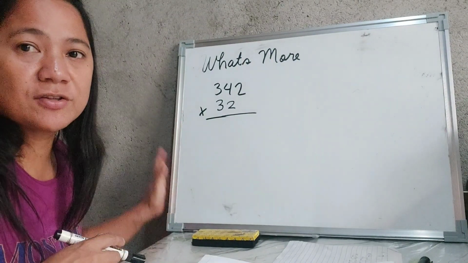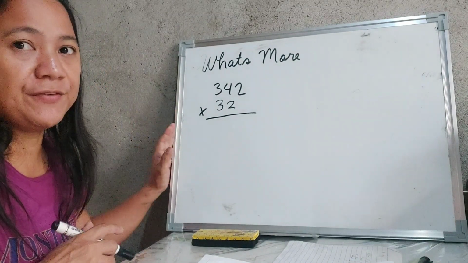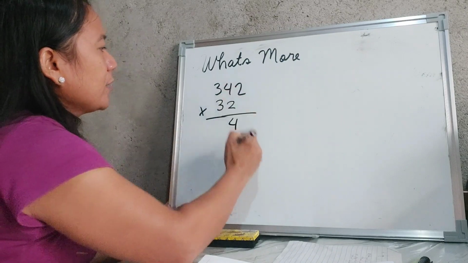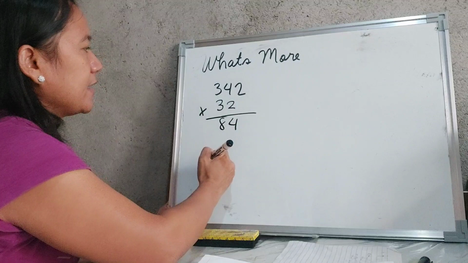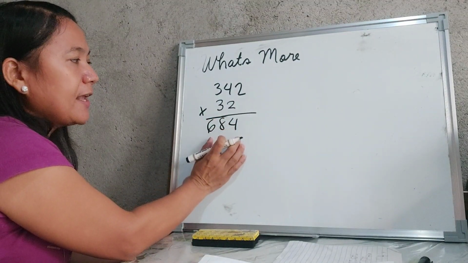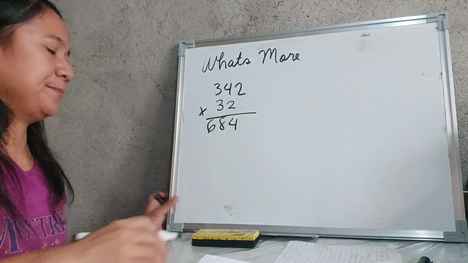So, let us solve the first problem on the activity 1. So, 2 times 2 is 4, 2 times 4 is 8, and 2 times 3 is 6. So, we have 684 on the first partial product.